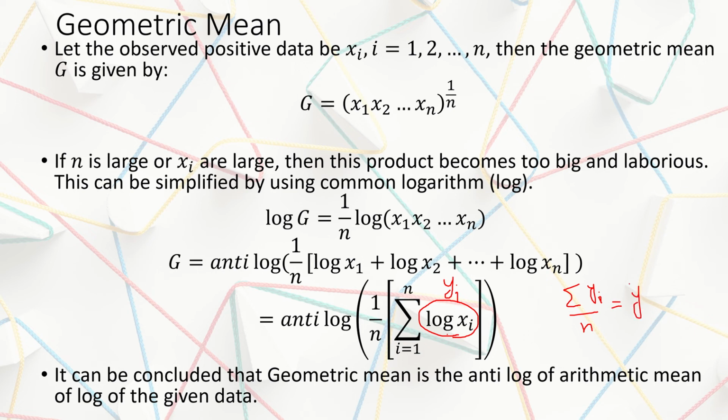But keeping in mind, what are y's? Y's are basically log of x. It means, in other words, we can say that geometric mean, which is g, is the anti-log of the arithmetic mean of logarithmic data.